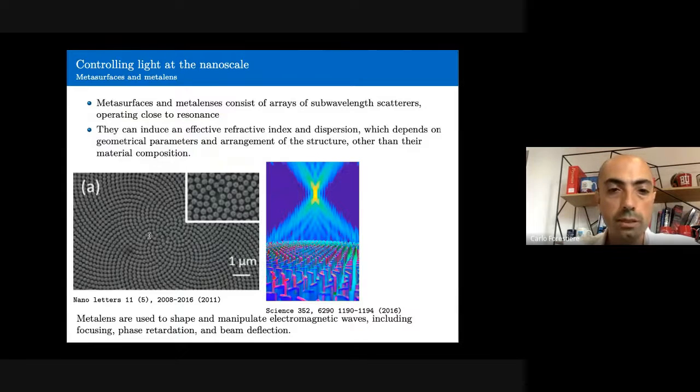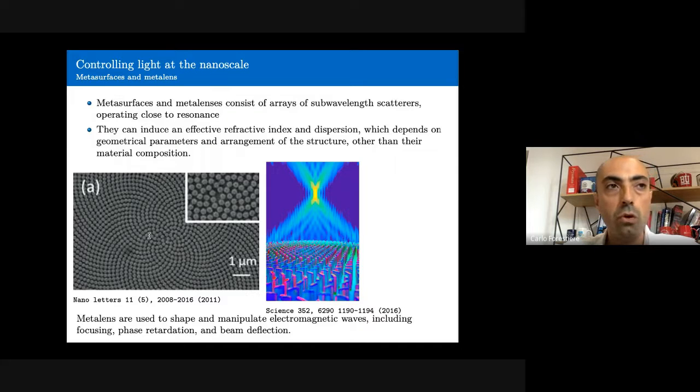How can we do it? Many ways have been proposed in recent years, and in particular, one possibility is to use small metal nanoparticles.